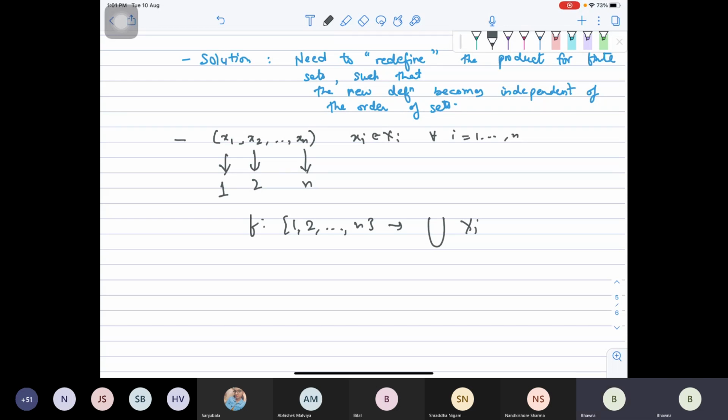Some specific function from 1 to n to union of xi, i going from 1 to n.